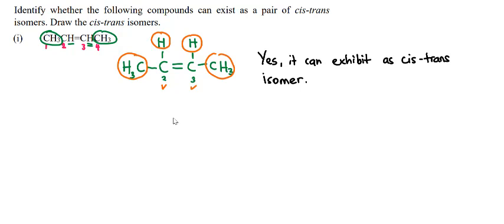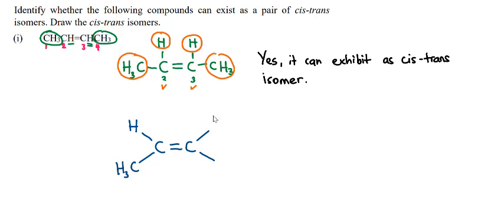For the cis isomer, we draw the cis isomer first. First take out the carbon-carbon double bond, and then take out these two bonds like this. The first bonding we put as hydrogen, and the second bonding is the CH3.